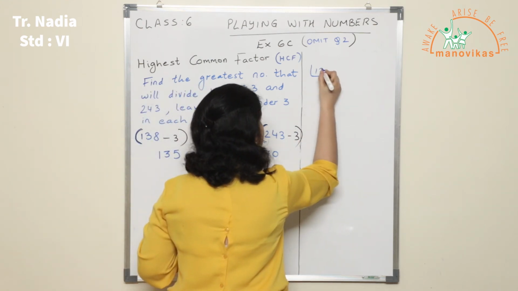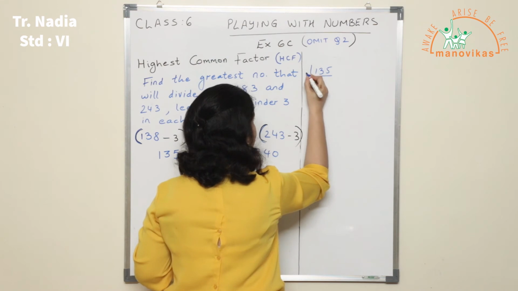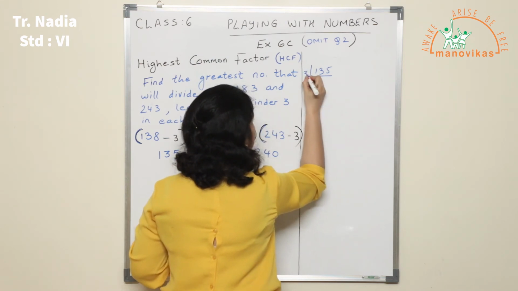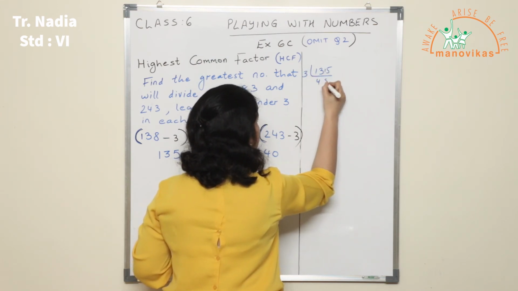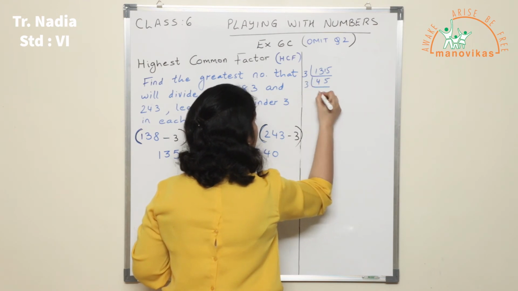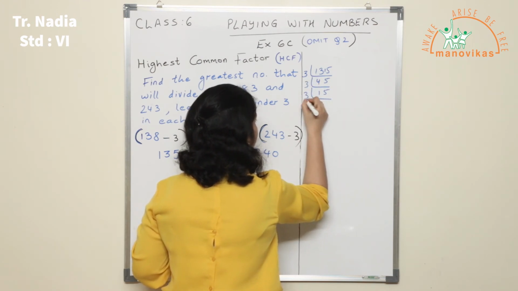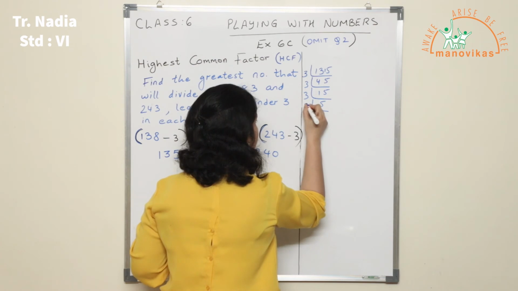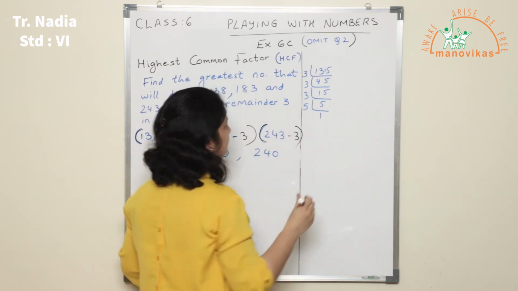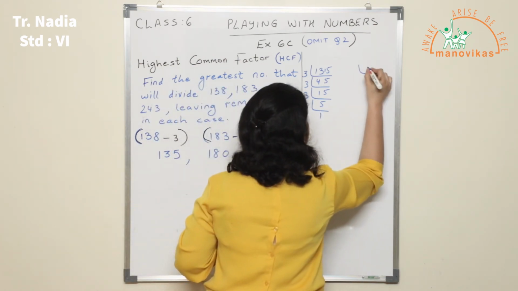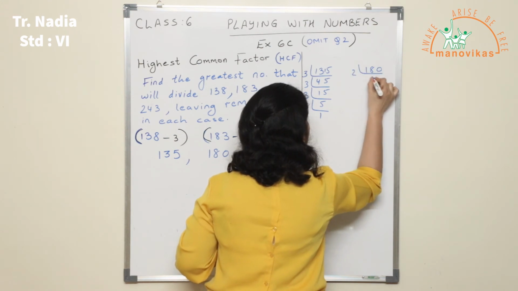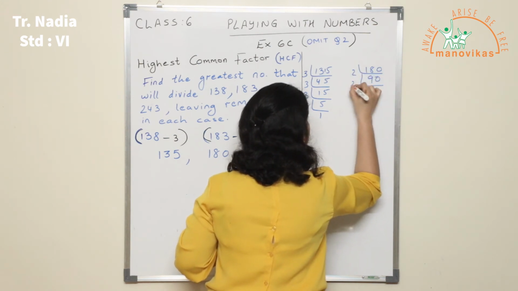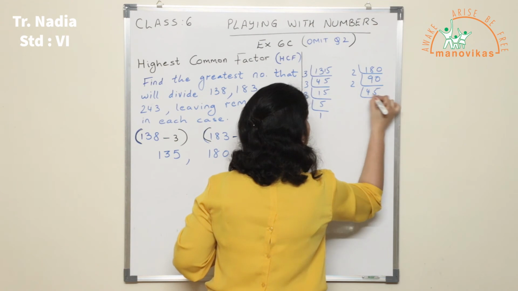So I will factorize each number. Okay, every number you factorize in the rough column.